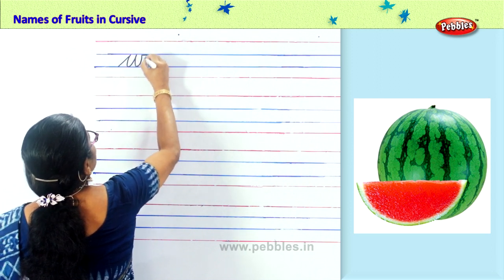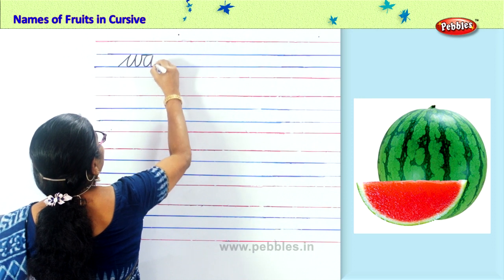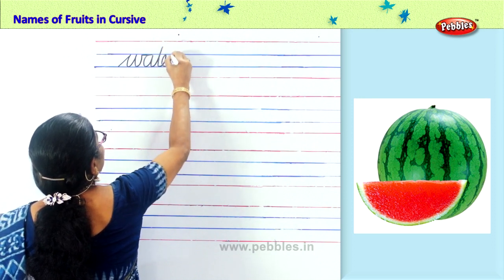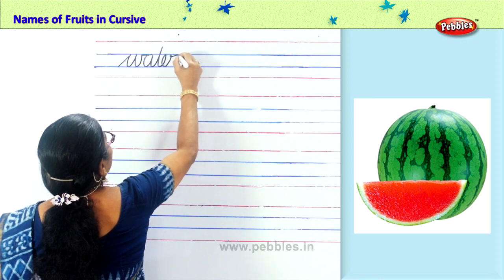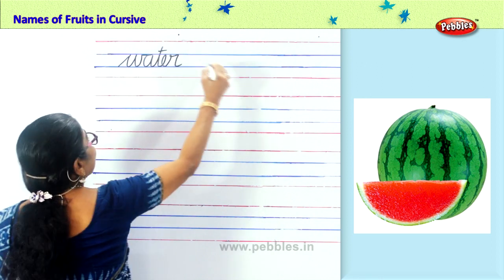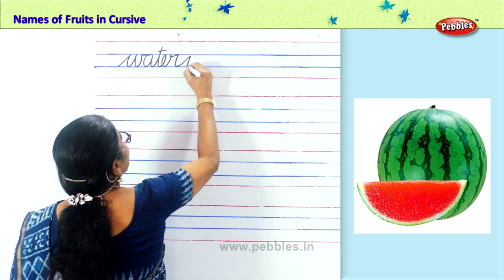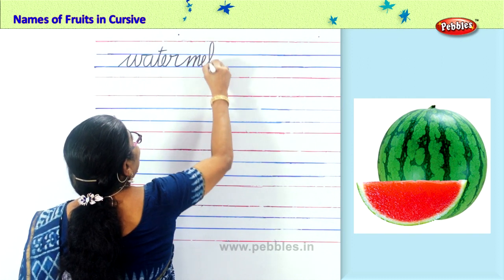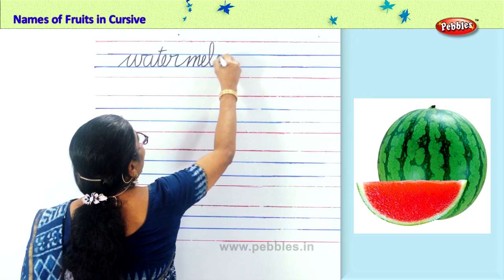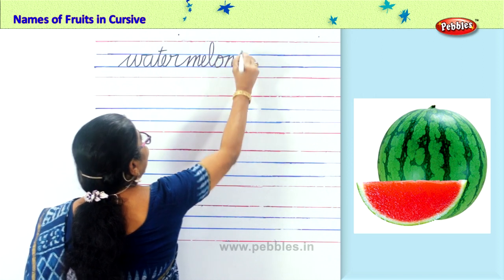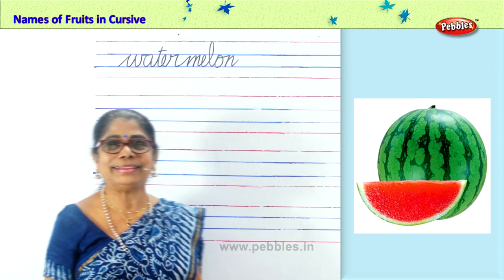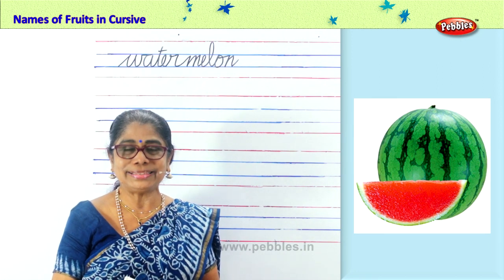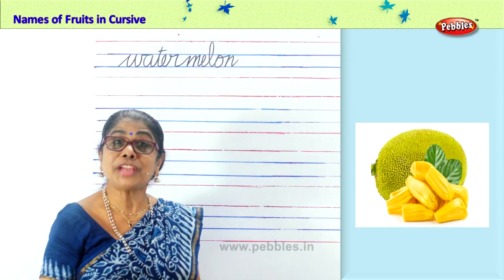W, A, T, E, R, M, E, L, O, N. Watermelon. What's the color inside? Dark pink. Yes? Next.